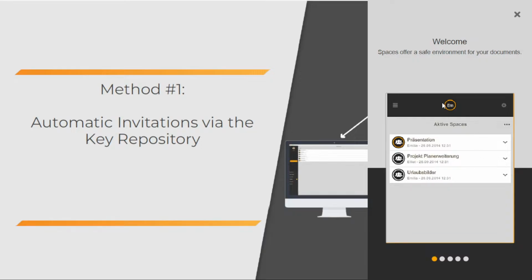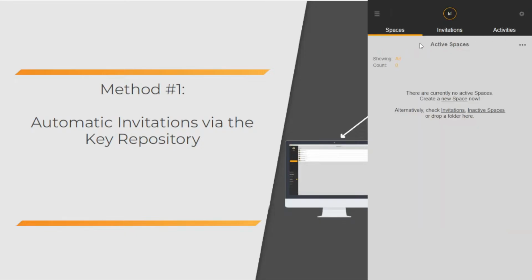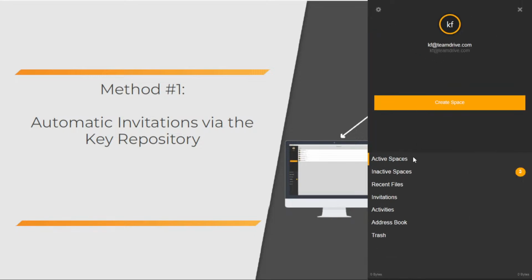And we can skip through the slideshow here. Just click X here. And now we have a fresh TeamDrive installation with no active spaces. So I simply go to my menu here, and that was quite quick.